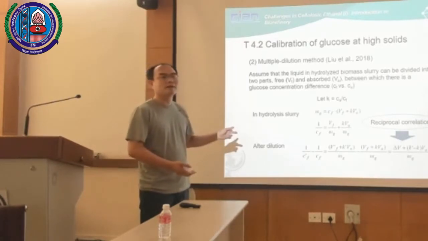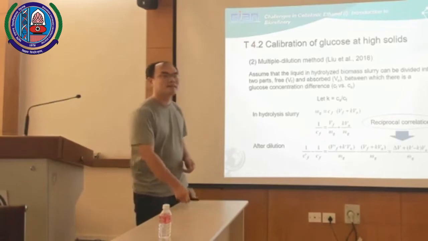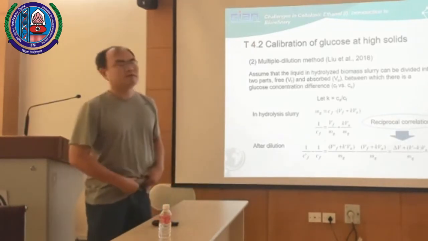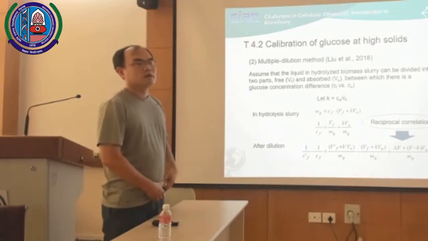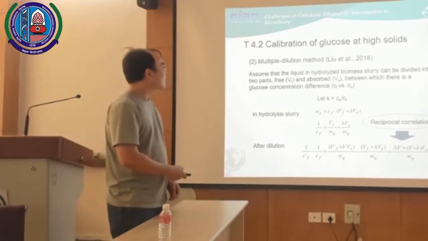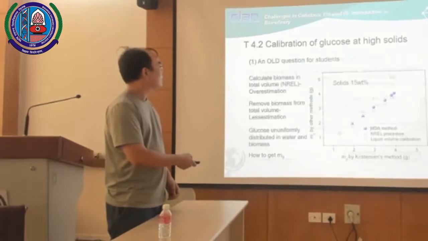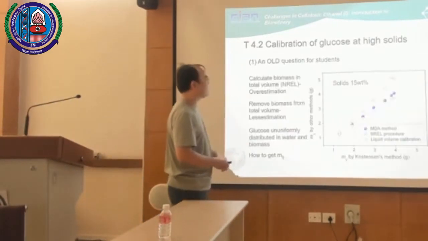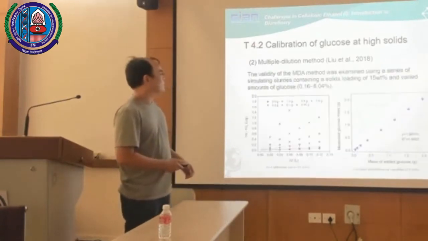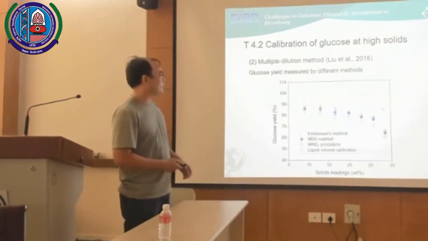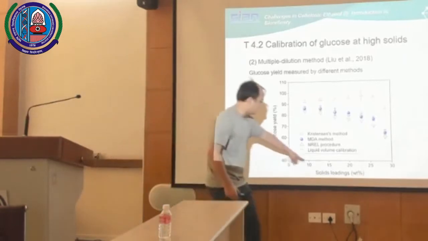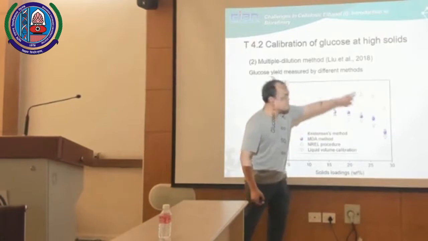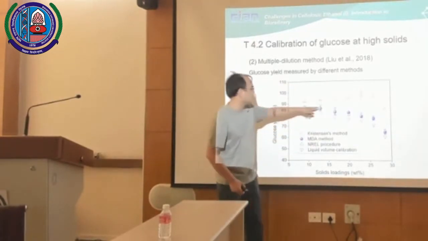I like this method. How can we apply it practically in biomass production? How is it going to help? If we are going to do the analytical hydrolysis at a very high solid loading, for example 20% to 30%, this method is very good.